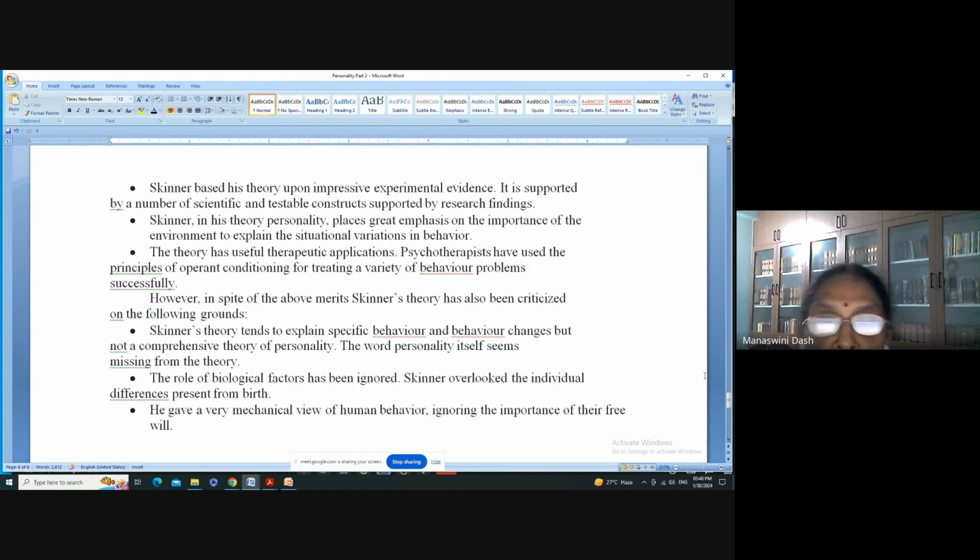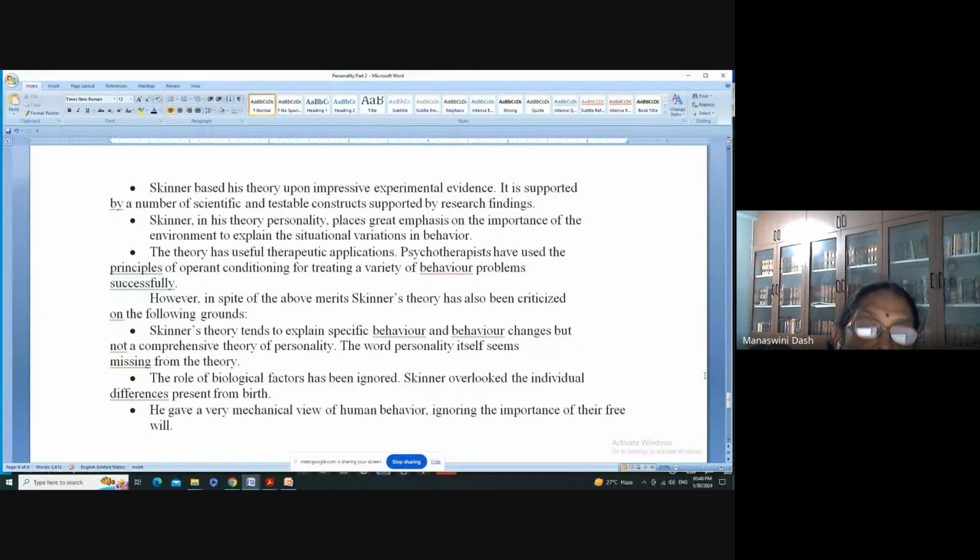The word personality itself seems missing from the theory because personality is something important, something internal, characteristic of the individual, as other researchers say. And Skinner reduced the holistic term personality to a set of learned behavior.